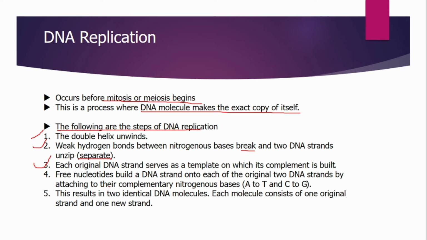And then free nucleotides build a strand on each of the original two DNA strands by attaching to their complementary nitrogenous bases, A to T and C to G. This results in two identical DNA molecules. Each molecule consists of one original strand and one new strand.